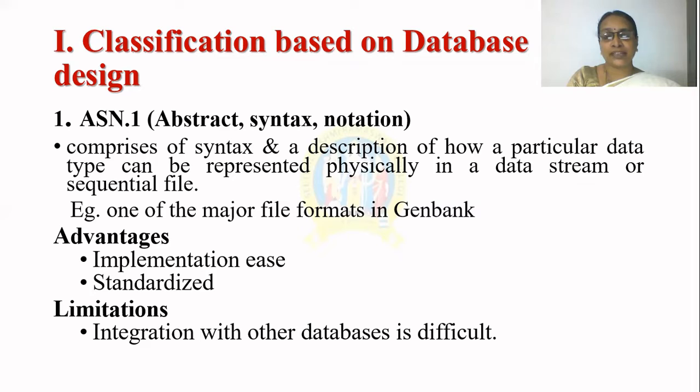It can be expanded as Abstract Syntax Notation. It comprises a syntax. It also contains a description of how a particular data type can be represented physically in a data stream or sequential file. This is one of the database designs or file formats found in a very famous GenBank database.